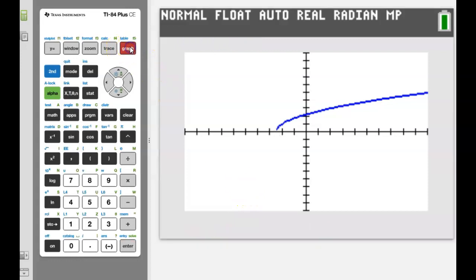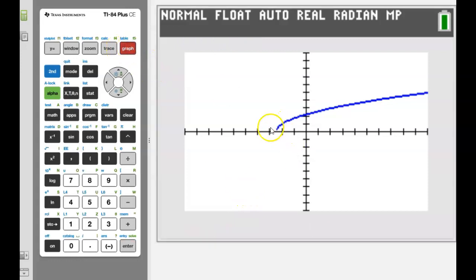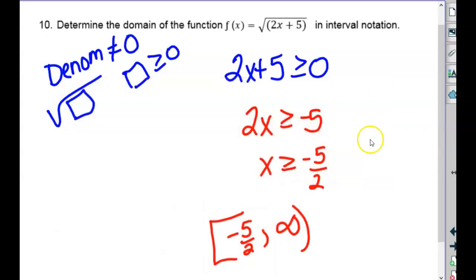Because if you just look at the graph, it looks like it doesn't, right? But it actually does hit there. Say that again. The interval, you good?